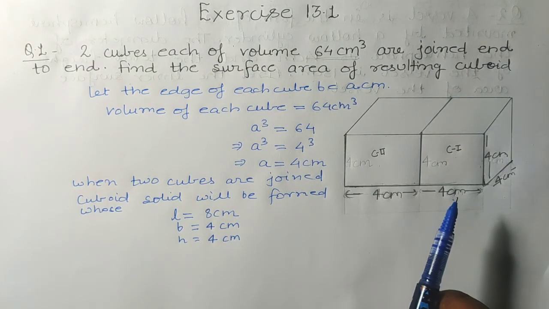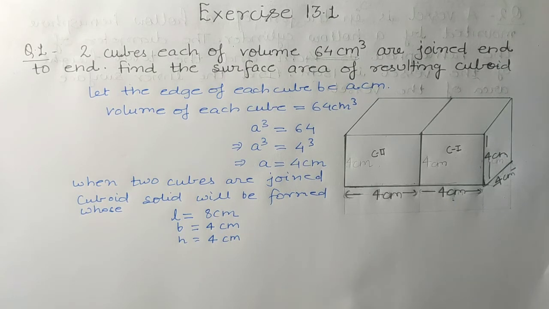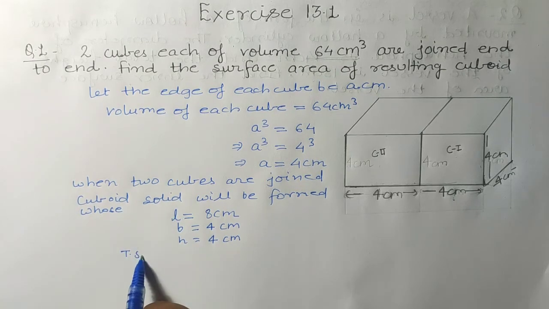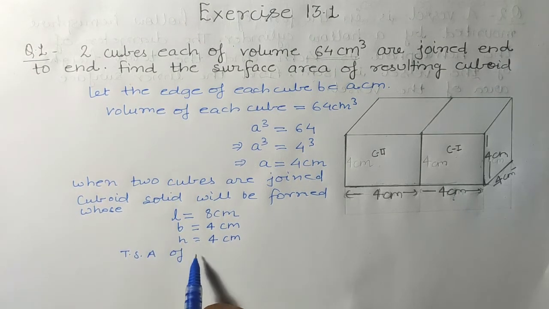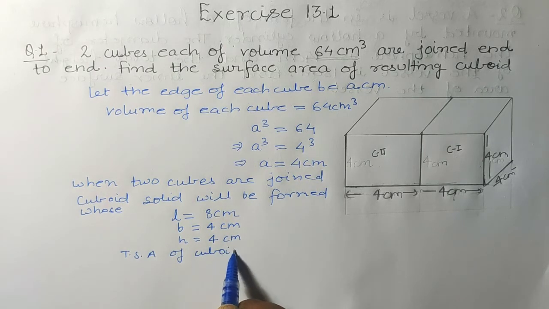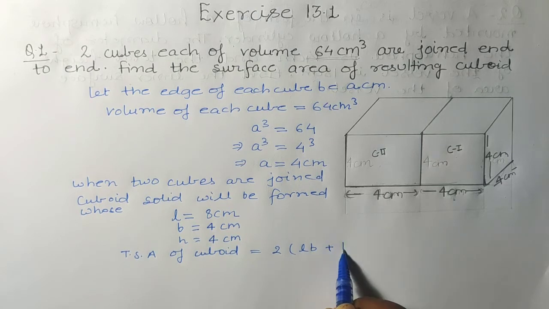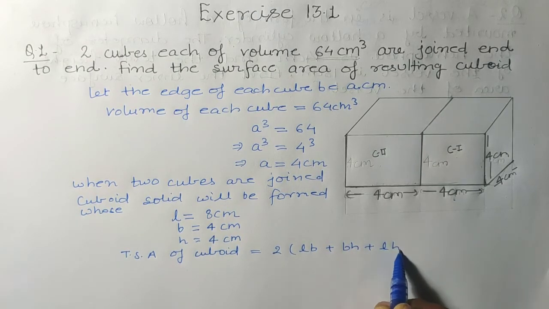We know that whenever in a question only surface area is written, you will always take the meaning as total surface area. So the surface area or total surface area of a cuboid is 2 into (LB plus BH plus LH).